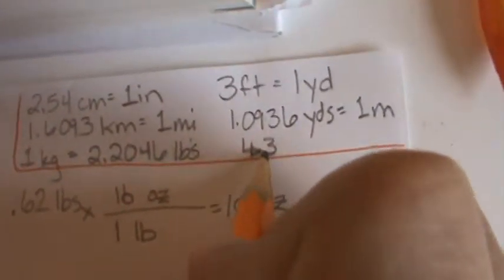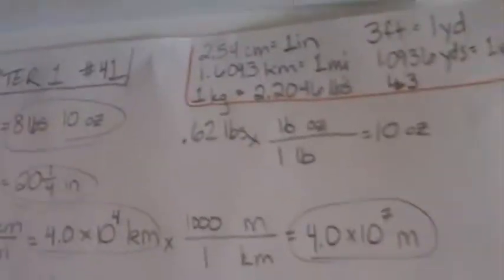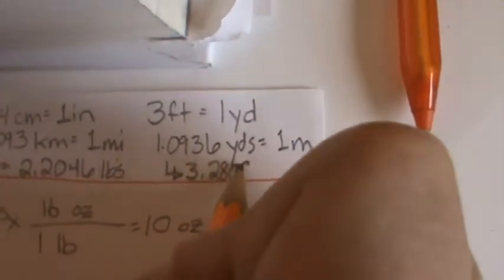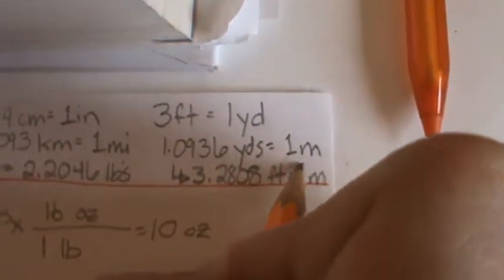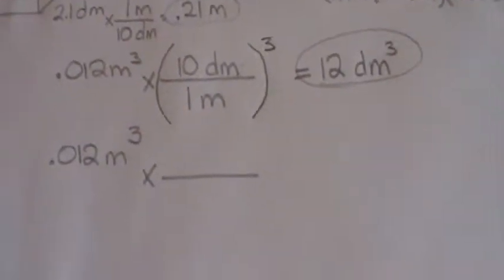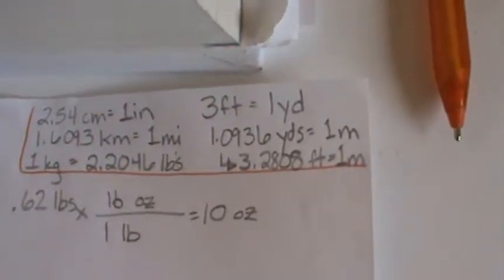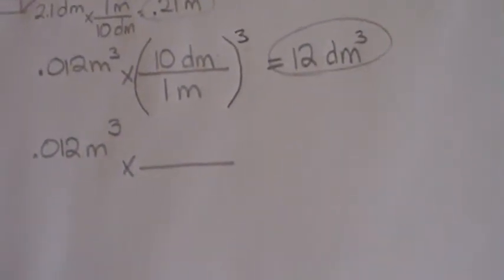I'm creating, you know what, I won't do it up here. I'll do it down here. Well, maybe I will. 3.2808 feet in 1 meter. Okay. All right. If you didn't follow me there, ask me during office hours what that means. Okay. All right.